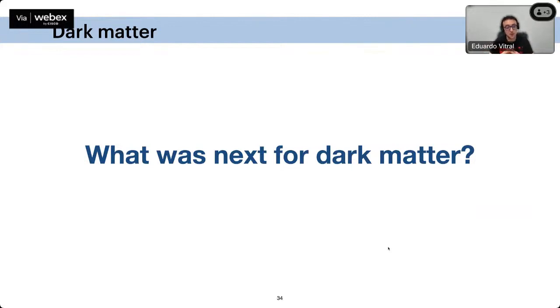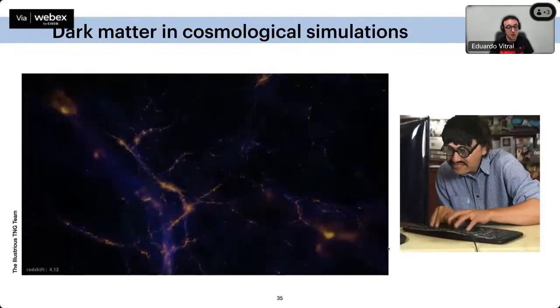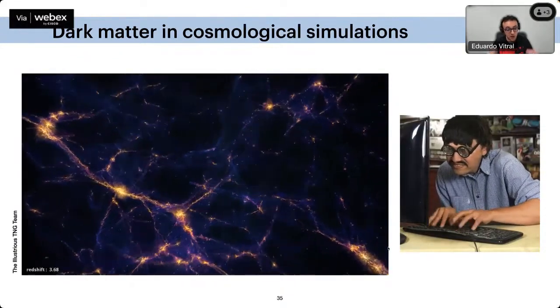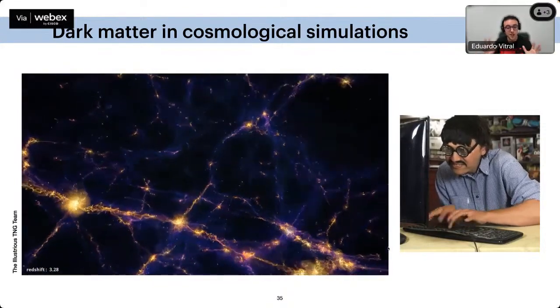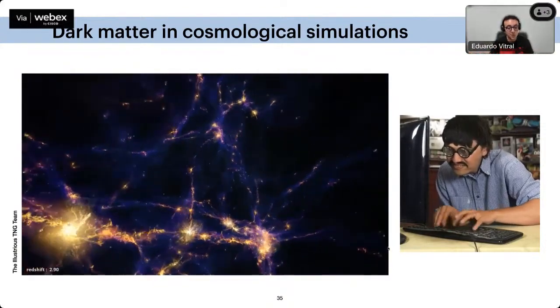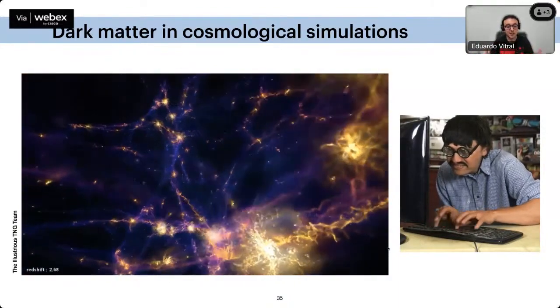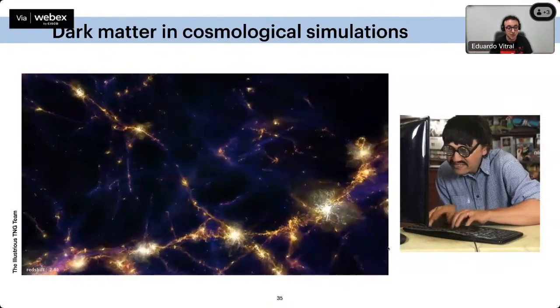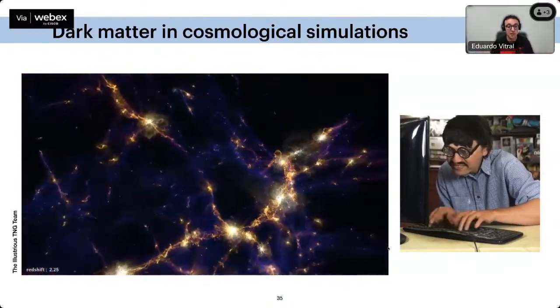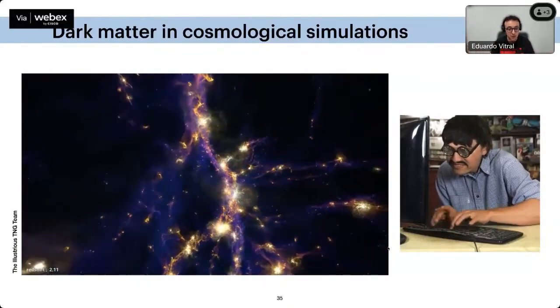So one thing that astronomers started doing, taking advantage of the very new computer resources and the very interesting technologies that were appearing, was to build cosmological simulations that in practice try to emulate how the universe grows, how the galaxies evolve, and how the dark matter that composes part of all this mass in our universe helps this evolution, how it turns out to distribute itself throughout the universe.